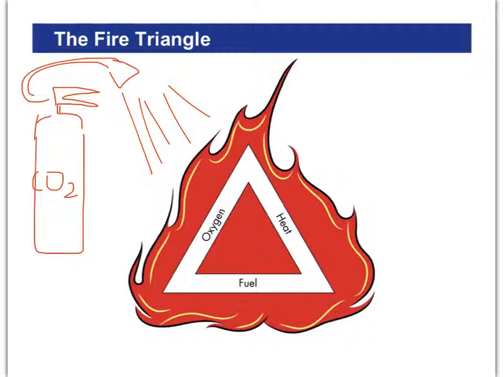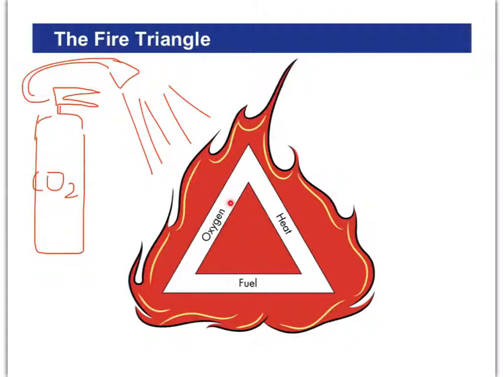Now carbon dioxide is not oxygen. If you have carbon dioxide coming in, replacing oxygen, well, think of it this way. You ever try to breathe in carbon dioxide? You can't, right? You breathe it out, but you can't breathe it in. So if you deprive a combustion of oxygen, the combustion goes away.